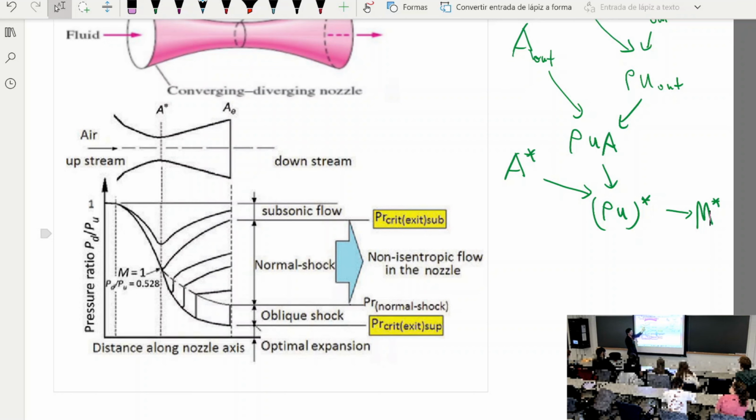And whatever is upstream of the throat has no way of knowing that the condition has changed downstream. Okay, so now if you further decrease the downstream pressure all the way to this point, what happens is the supersonic region expands, and the shock wave, where the flow transitions back to a subsonic flow, would keep moving more and more downstream.